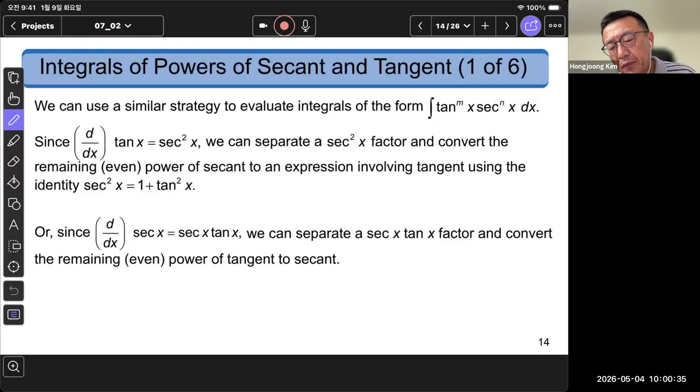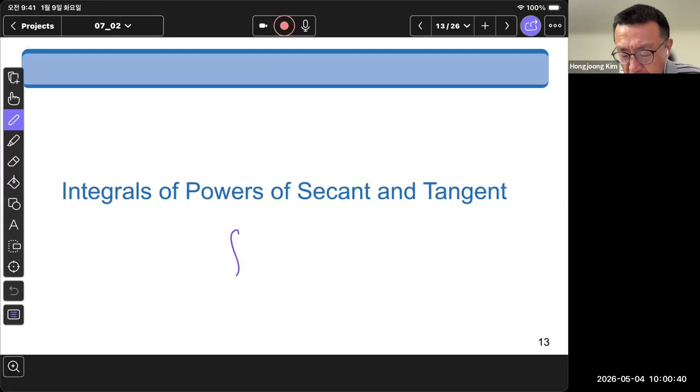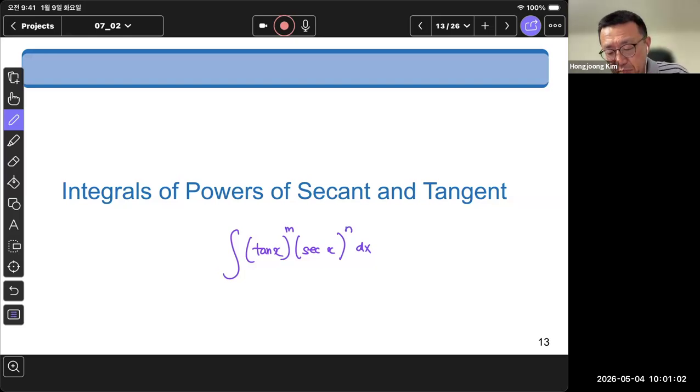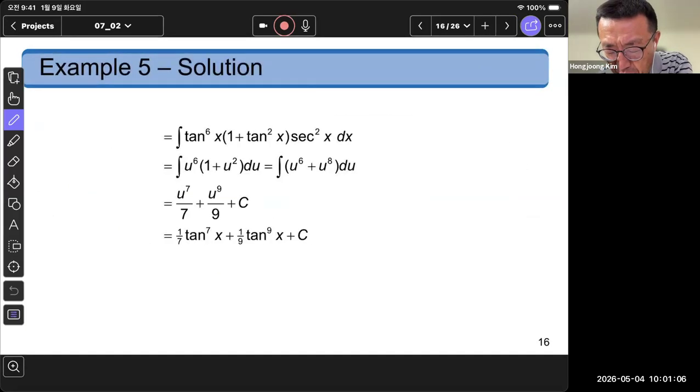Now, if I have not sine and cosine, but some power of tangent and secant, we have a similar formula. Let me tell you this formula first.